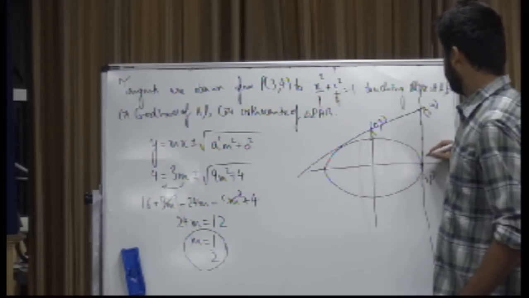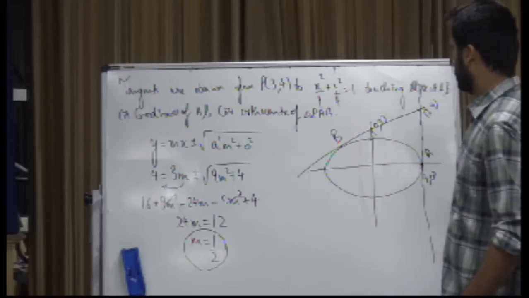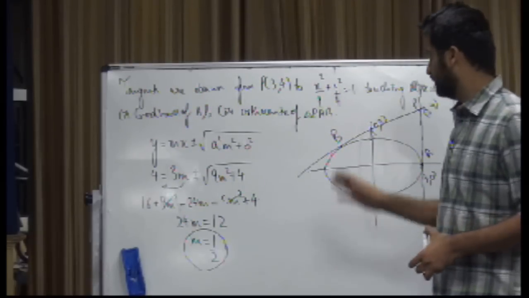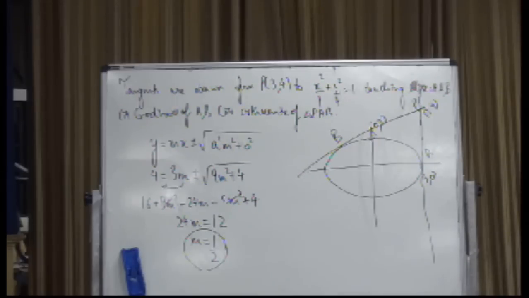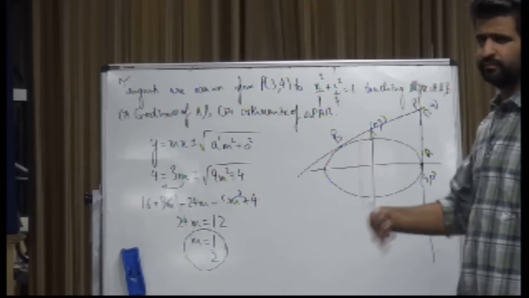This point is A, this point is B. So you got the coordinates of A. This is 3, 0. Can you find the coordinates of B? Just think.